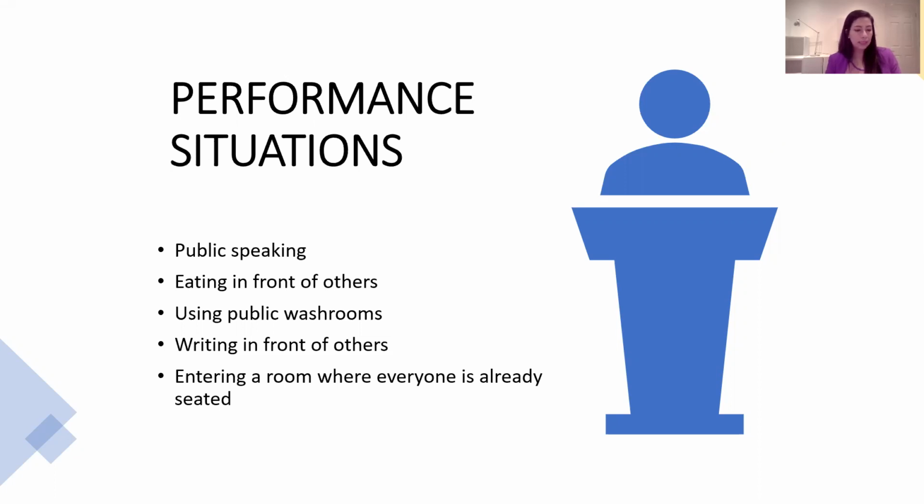This can include eating in front of others, participating in a class by asking or answering questions, using public washrooms, writing in front of others, and this might include signing a check or filling out a form, performing in public, such as singing or acting on a stage or playing a sport. And this can also include entering a room where everyone is already seated.